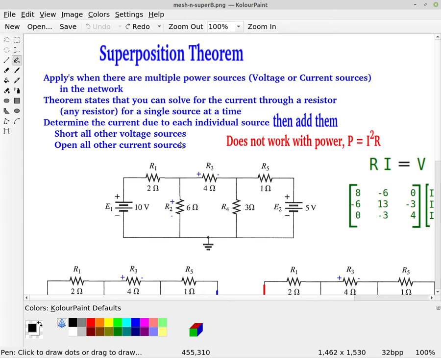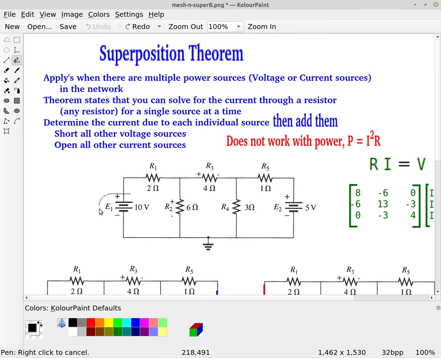But to apply this theorem, what you do is you consider just one source at a time. So we're going to short all other voltage sources, and we're going to open all other current sources and solve for the current through the resistor, and then go to the next one.